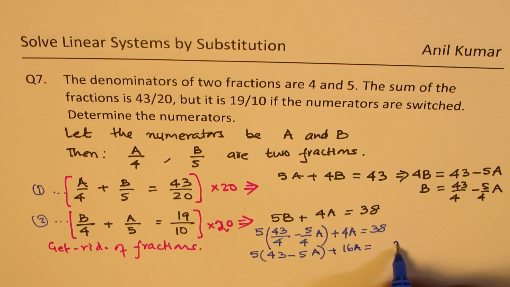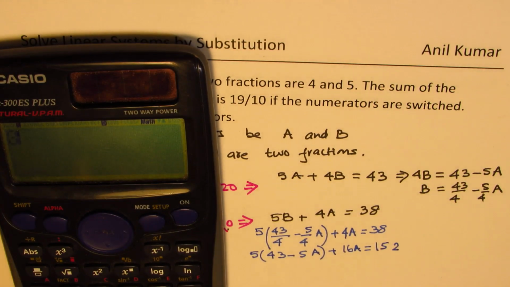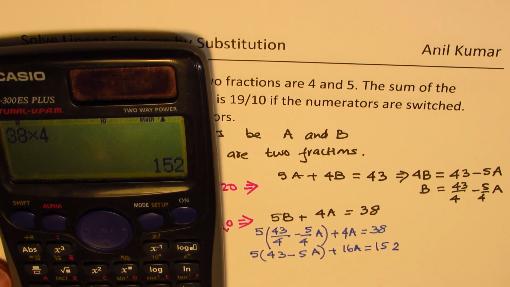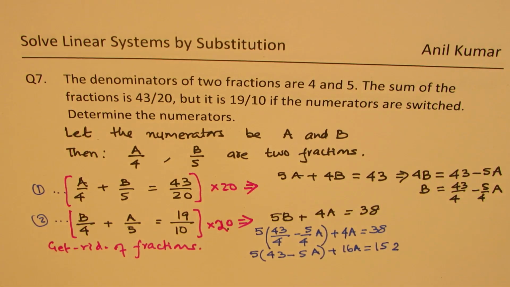So let's use the calculator. We have 38 times 4 equals 152. Now we will multiply these numbers, isolate a and solve for it.